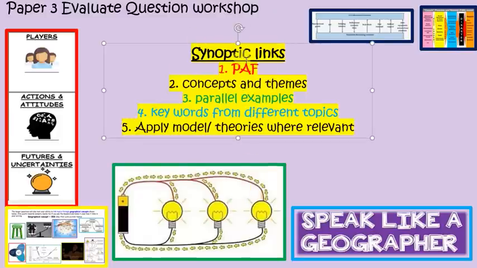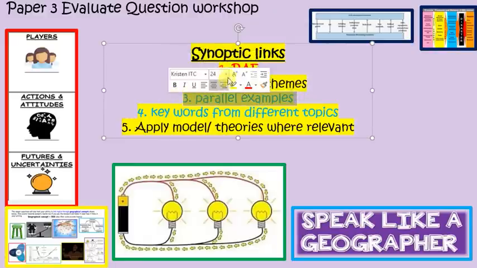You've still got something else in. If the answer's yes, then you might get player actions, futures, link to a concept really quickly like over-reliance and interdependency, link it to Ecuador bananas. You can get 2 or 3 of these into a single paragraph, and then your synoptic links are going to be super, super good.